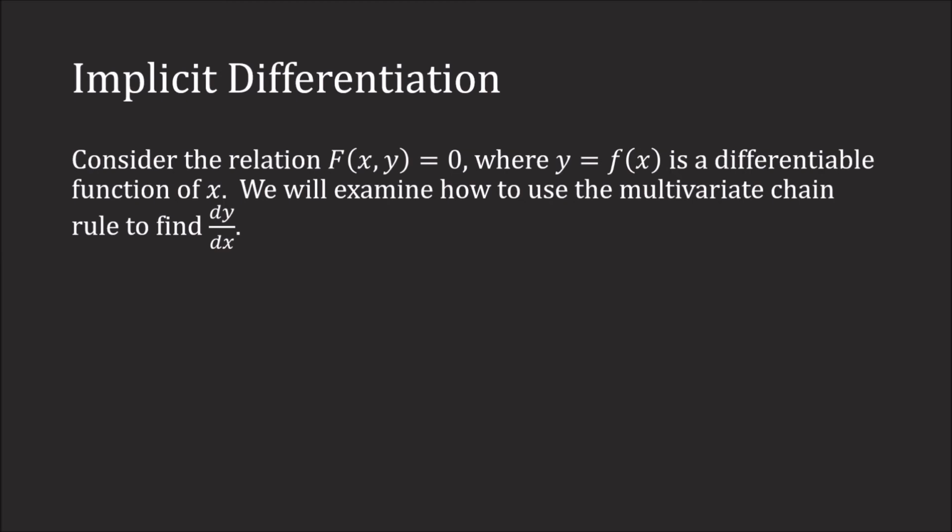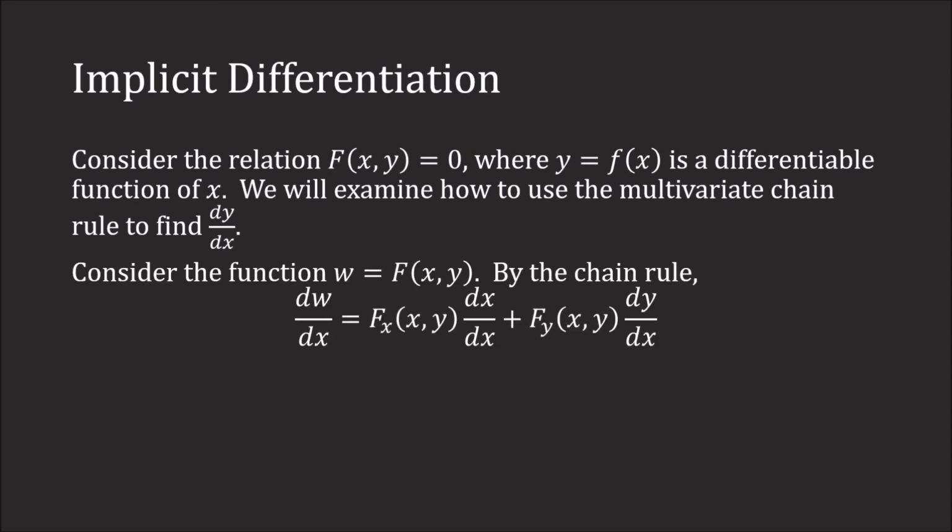We will examine how we can use the multivariate chain rule to find dy dx. You should remember from Calculus 1 the method that we used to do this. We're going to now introduce a much simpler way of doing this using partial derivatives.